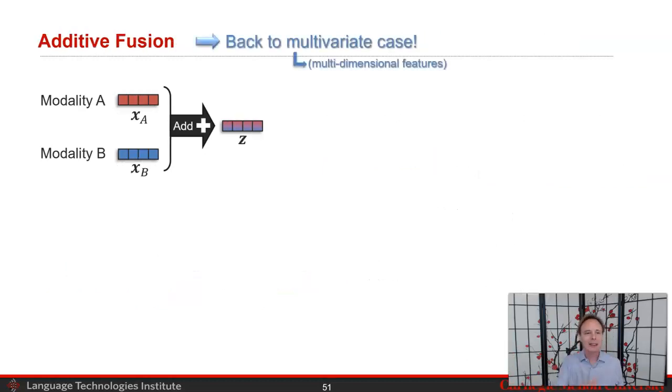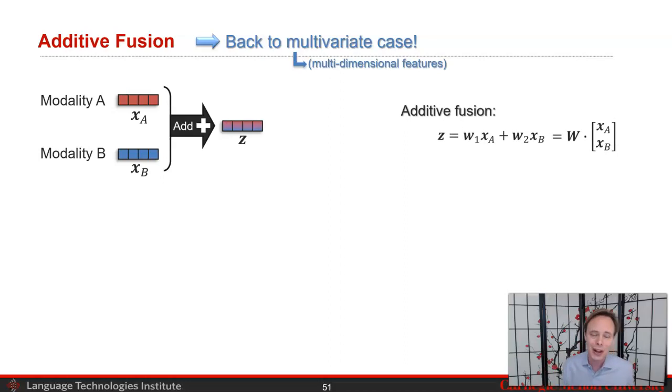So if we get back to the multivariate case, so it's not just one dimension, but multiple dimensions for each modality, then the simplest fusion you could imagine is additive fusion. And that was used early on, and is still one that you should take into consideration as a valid baseline model. So there, your modalities are simply added, and your model will learn a way of weighting each modality.